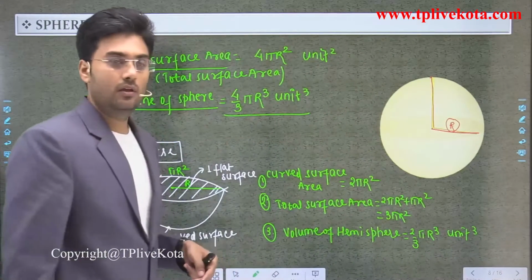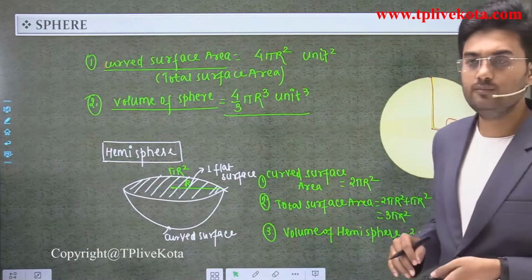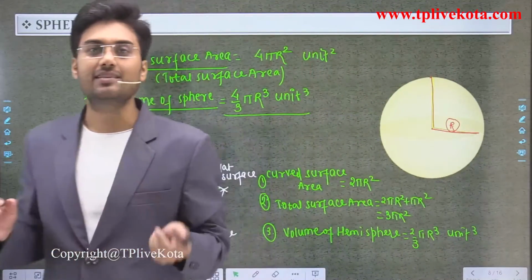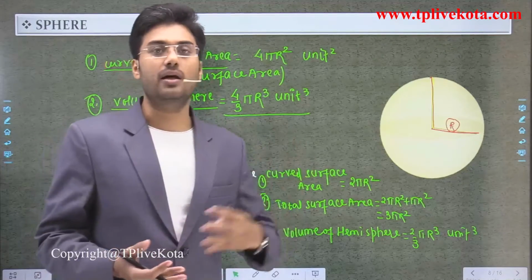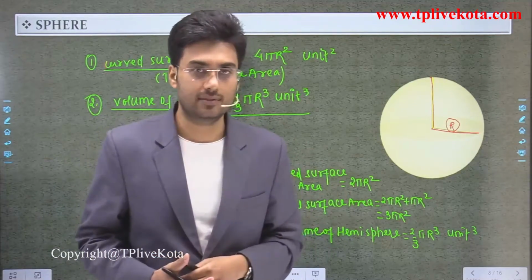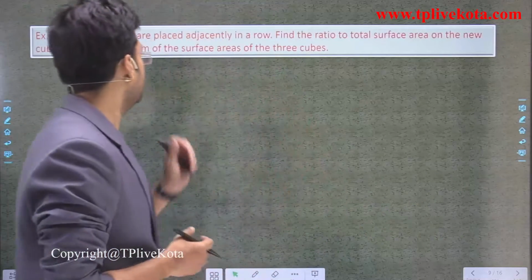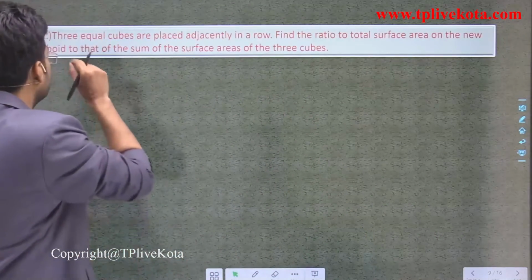Clear? So students, these are the formulas for sphere and hemisphere. So now after these formulas, let's discuss few interesting examples which are based on the formulas of these solid figures.